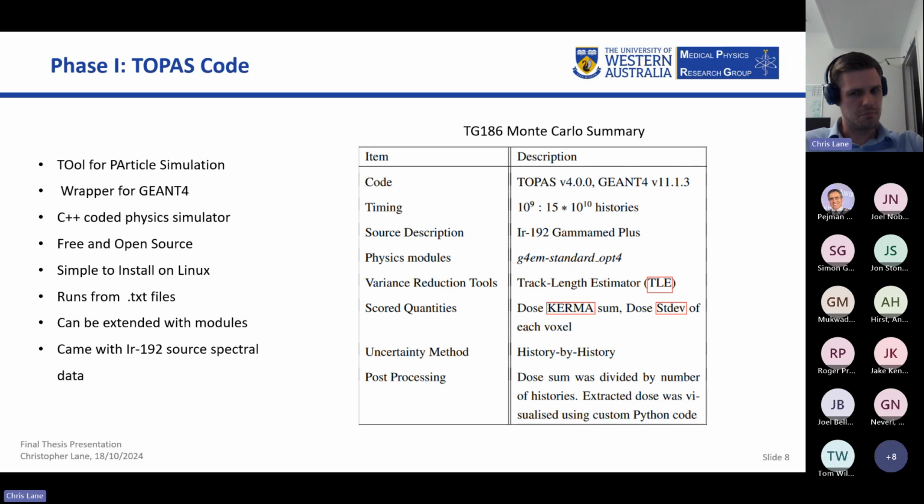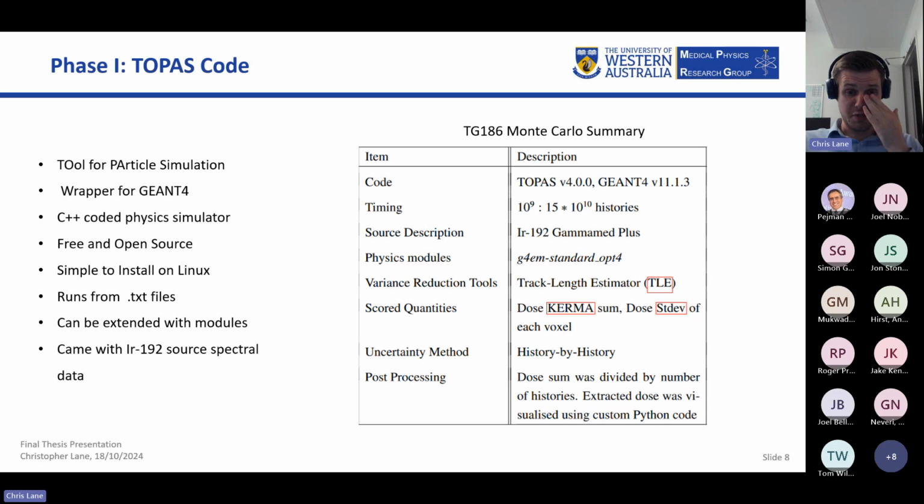You can still make mistakes in your simulation setup and it will run, but if you've made some fundamental error, like use the wrong units or something, it won't run at all. And while it is a fairly rigid system, it is easy to extend with modules if you have any sort of understanding on how to work with the GEANT4 code.